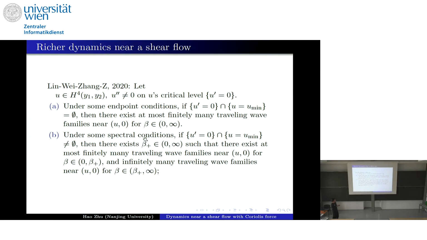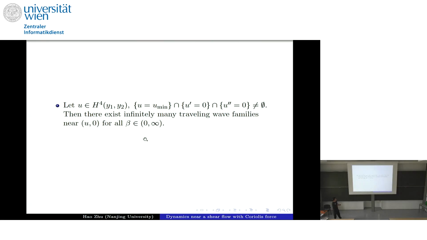And if the shear flow is a little singular, then the dynamics near the shear flow becomes a little complex. And if the shear flow is more and more singular, then the dynamics near the shear flow becomes very complex and even chaotic.